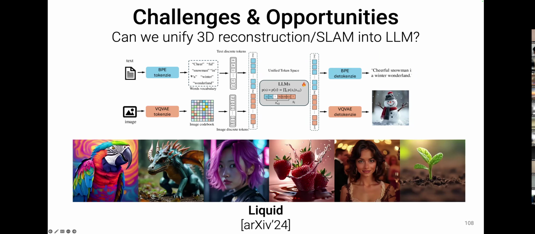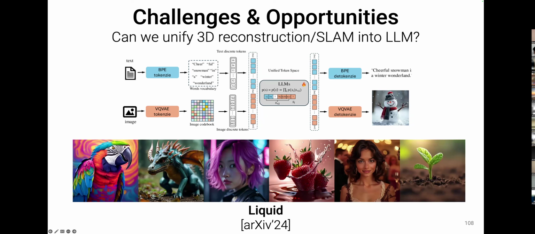For example, they extract the text token and the image token, and just use the LM to fuse them. Then you do next token prediction to predict the image token, and you can use a VQVAE to decode it and get the image output.